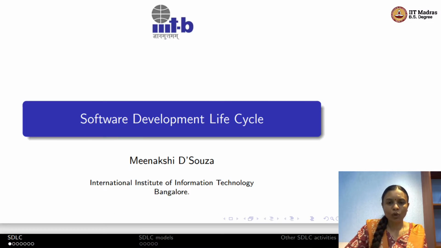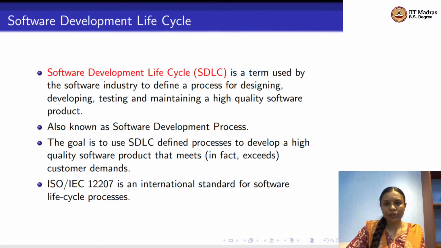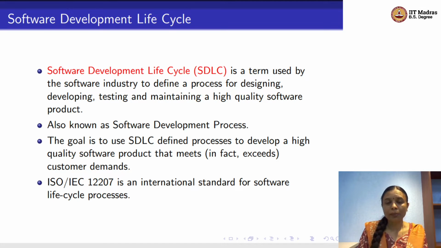So let's understand what the software development lifecycle is about. The software development lifecycle, abbreviated as SDLC, is a broad umbrella term used by the software industry to define a process, a way by which they would design a piece of software, decide on what to build a software for, develop it, test it, and release it to the market or give it back to the customer who ordered the development of software for them.